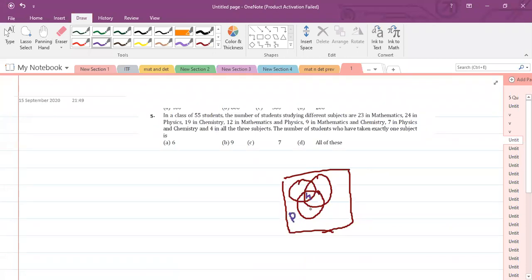So physics, chemistry, maths. If you consider this, then it will be all 6, 9 and 7. Students who have taken exactly one subject, sorry, they have asked exactly one subject. Exactly one subject means this outermost part, this will be 6, 9 and 7, because if you fill up this intersection part, finally you will remain with 6, 7, 9 in this part. Therefore, all of this.